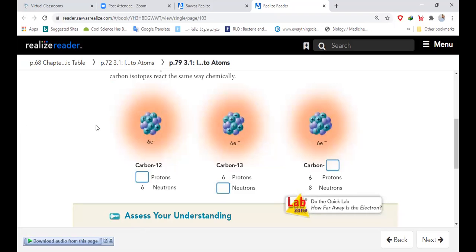Carbon-12: 6 protons. Carbon-13: 13 minus 6 equals 7 neutrons. Carbon-14: 6 plus 8, 14.